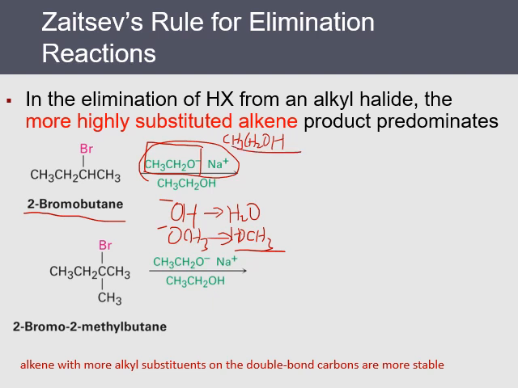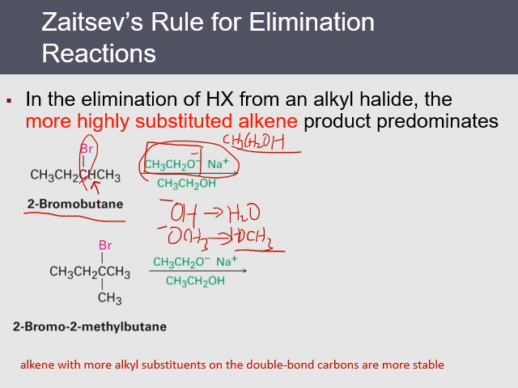As a base, it will react with a hydrogen adjacent to this carbon-bromine bond, not the hydrogen directly attached to the carbon-bromine carbon, because if you remove that hydrogen, it cannot lead to a stable product.